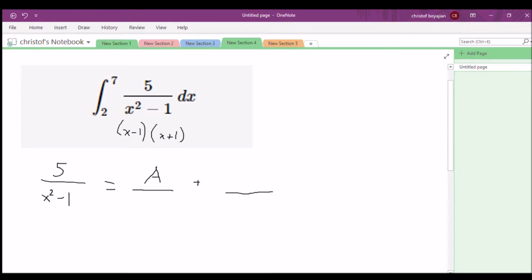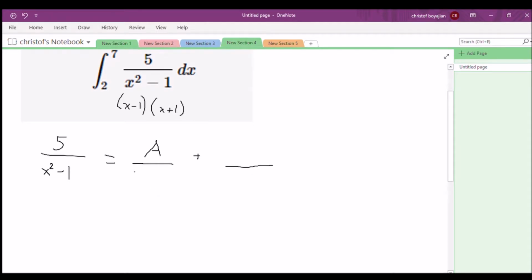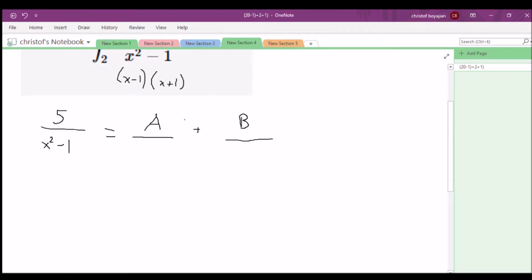So we have two factors in the denominator, so we're going to end up with two separated fractions. And on the numerators for both, we're going to have two unknown constants, which we're going to have to solve for.